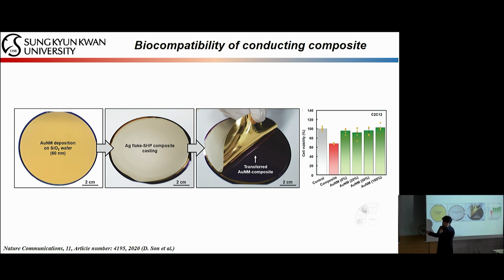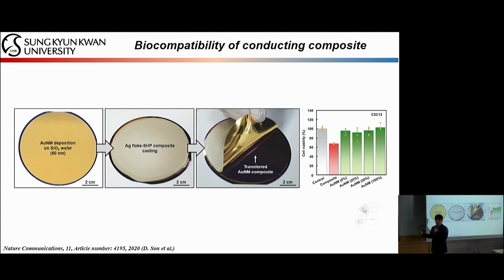After thermally evaporating the gold nanomembrane onto the silicon dioxide wafer, we poured some composite solution with the silver onto this substrate. And after the full drying process, we can peel it off from the handling substrate.